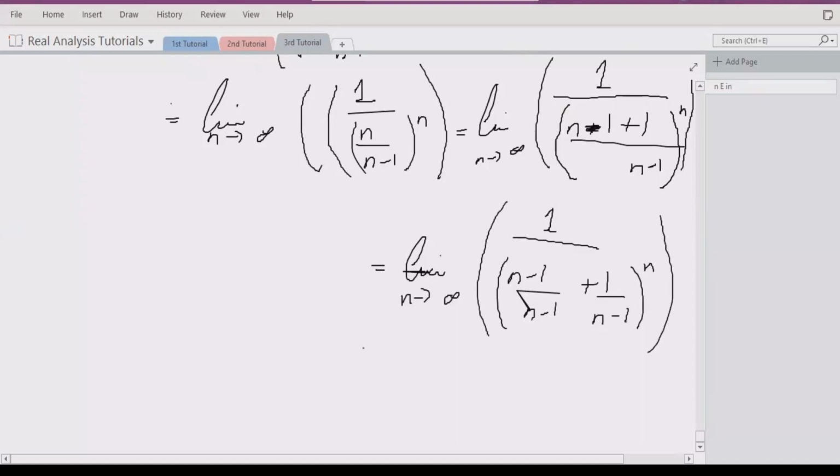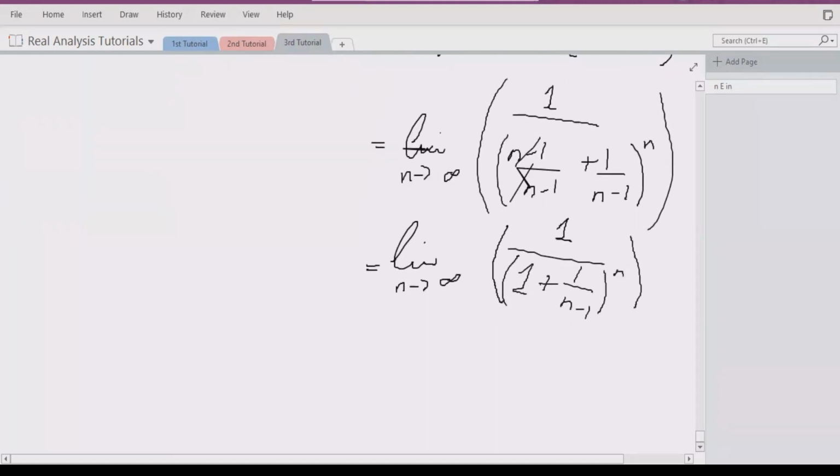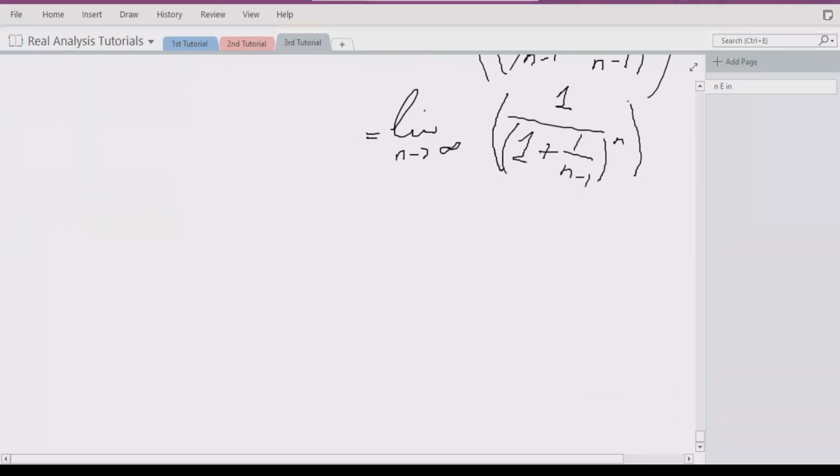Again, the limit as n tends to infinity of 1 over 1 plus 1 over n minus 1, with power n. But now you can see we have n here and n minus 1 here.